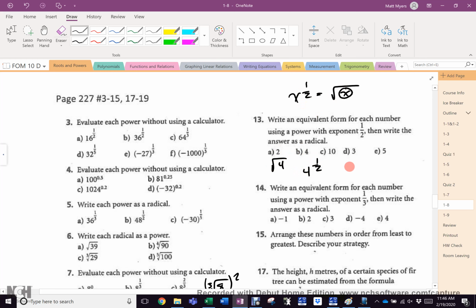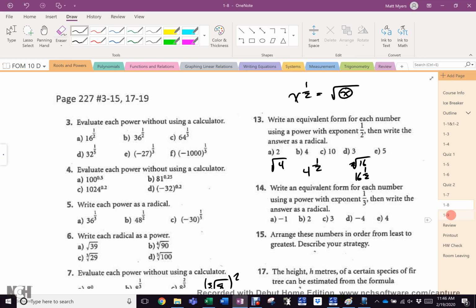So that must be the square root of 16, which would be 16 to the 1/2. 10? So that's the square root of 100. 3? Square root of 9? 25. Anything else? Now, obviously, now that you can do 13, you can do 14. Because it's not going to be squared, they're going to be cubed, right? Everyone is good?